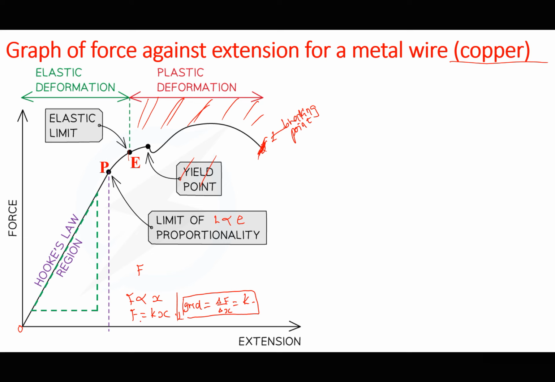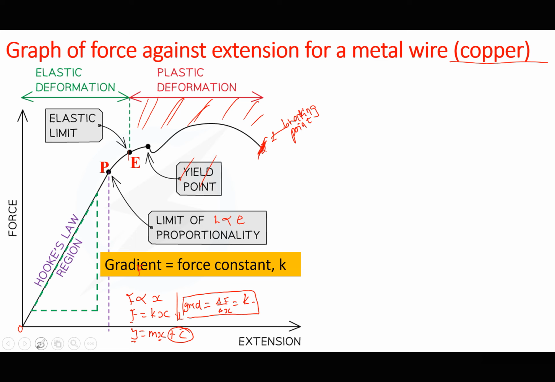If we have F on the y-axis and X on the x-axis, comparing with the equation y equals mx plus c, because the graph goes through the origin, there is no y-intercept. On the y-axis I have F, on the x-axis I have extension, so the gradient is going to be k, and we are saying that gradient is called the force constant.